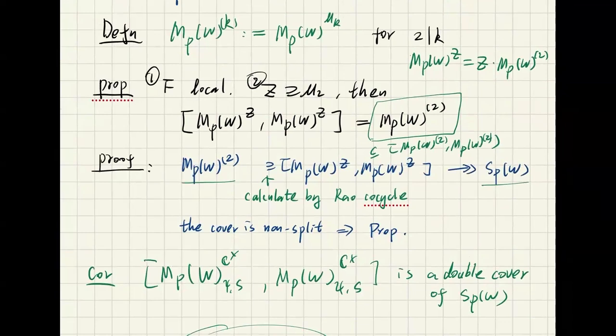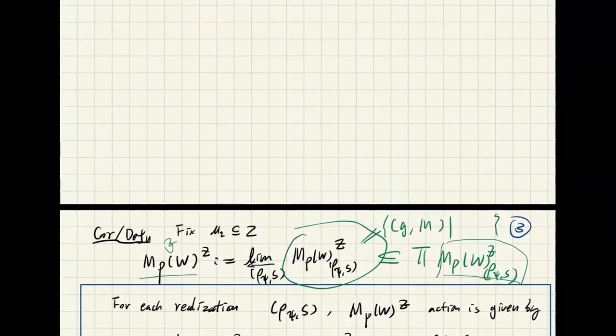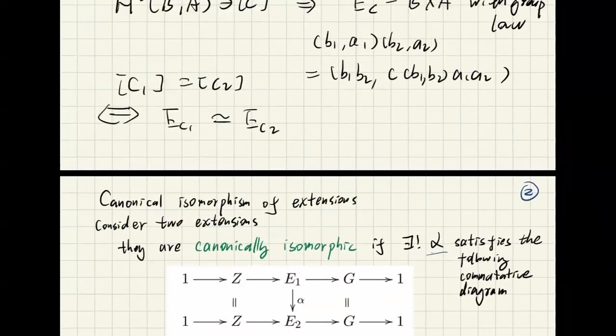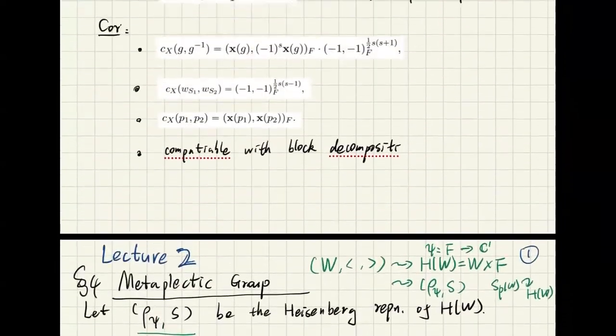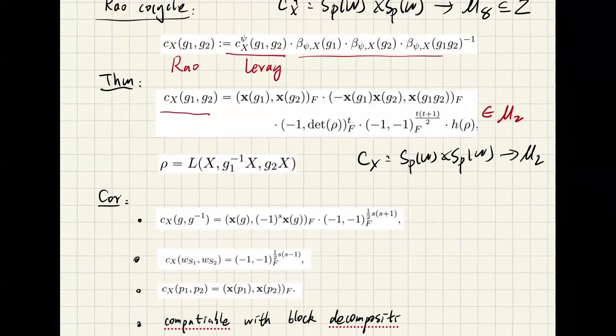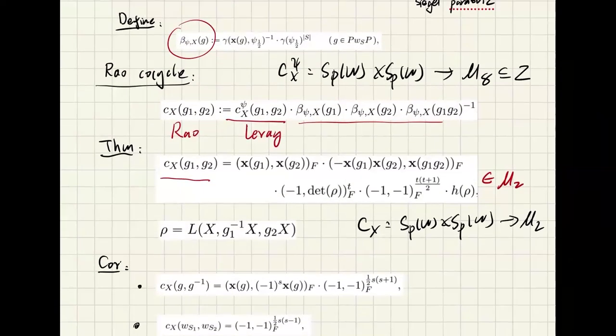The point is that if you go back and look at the Rao cocycle formula, it has nothing to do with the additive character psi. So you can eliminate everything related to psi.